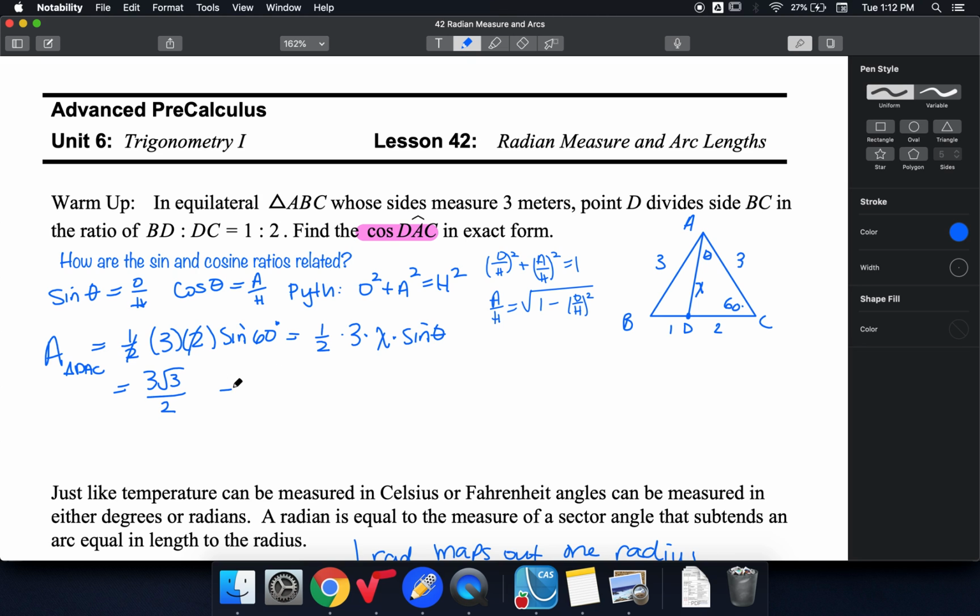So then I'll get that it's equal to 3x sine theta over 2. Well, this implies then, my 3 and my 2 are going to cancel. So sine theta is root 3 over x.